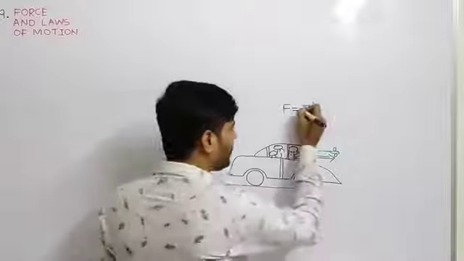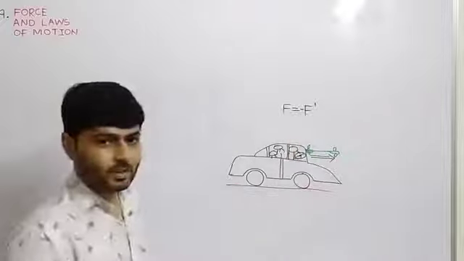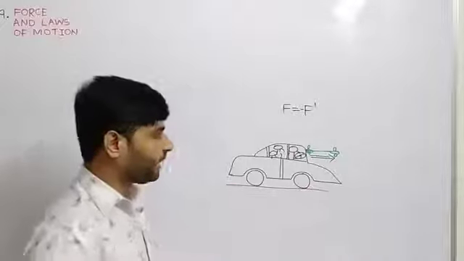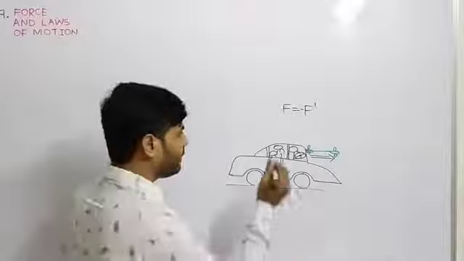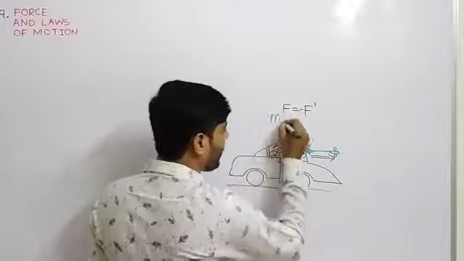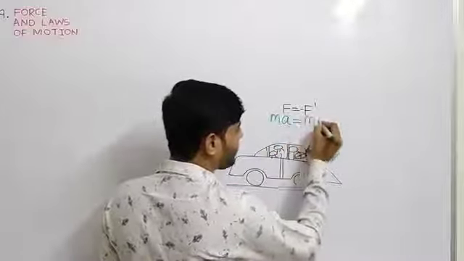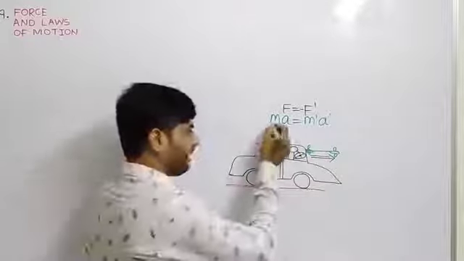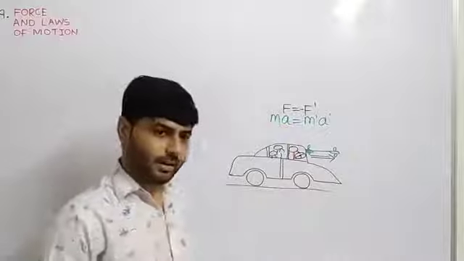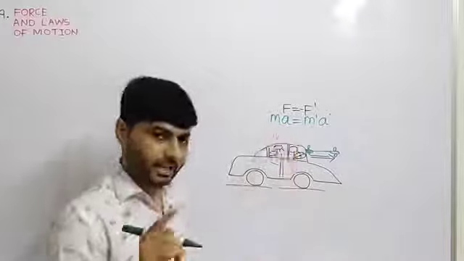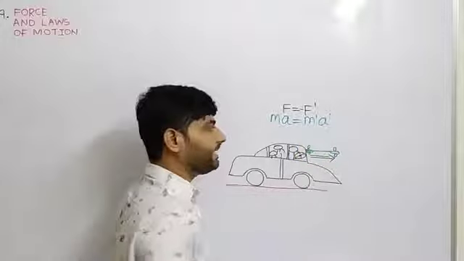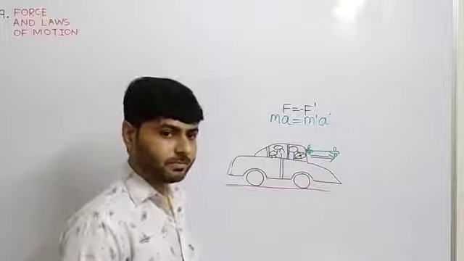So I can write a minus sign here. What is the formula for force? Mass into acceleration. Suppose m is the mass of the car, a is the acceleration of the car, m dash is the mass of the insect, and a dash is the acceleration of the insect.